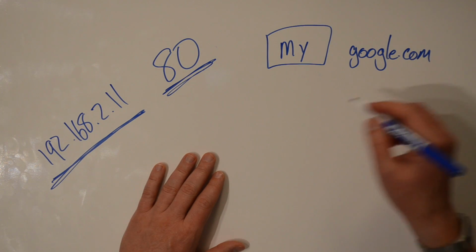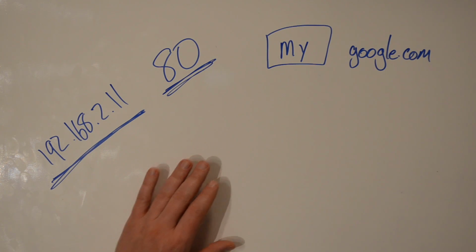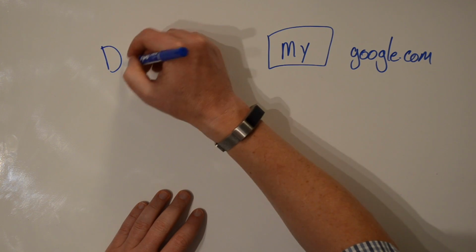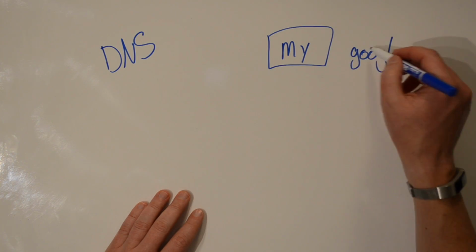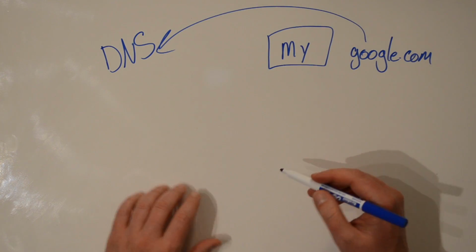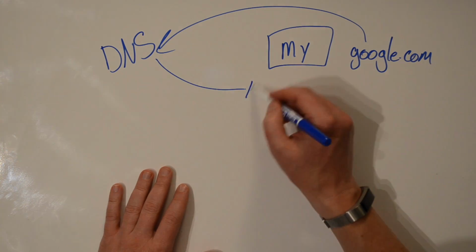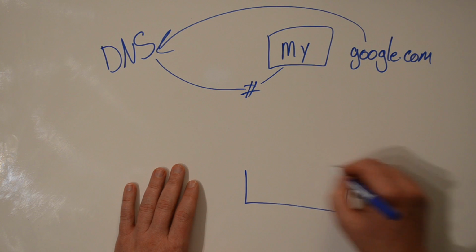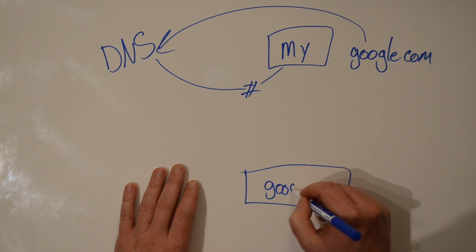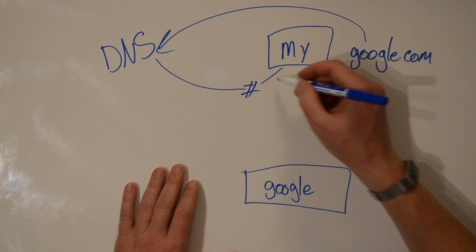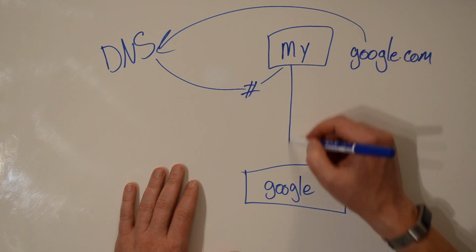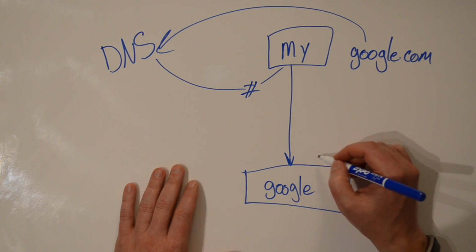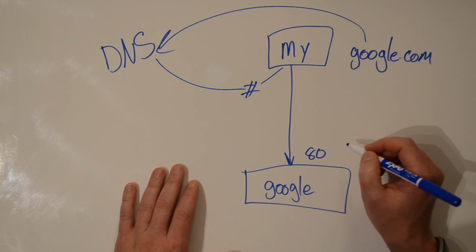The first thing my computer does is go to a DNS server and look up what this address means. Then it's going to get back a number. Now I'm going to use that number to find the Google server out on the internet. And then I'm going to make a connection to that address specifically to port 80.